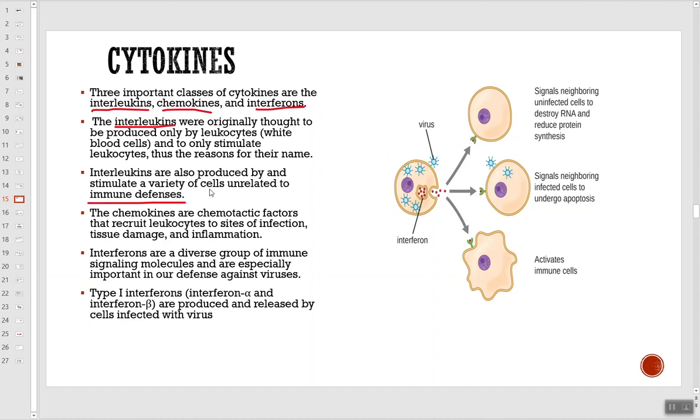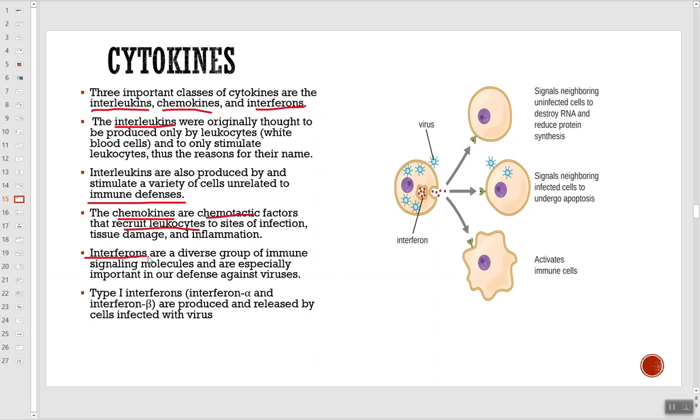In some cases, they'll also speak to other cells and cause them to perform functions. Okay, chemokines. A lot of these are the chemotactic factors like we were talking about with C5a and C3a. These guys are going to act as a homing beacon for the leukocytes to bring them to where the infection or damage or inflammation is.